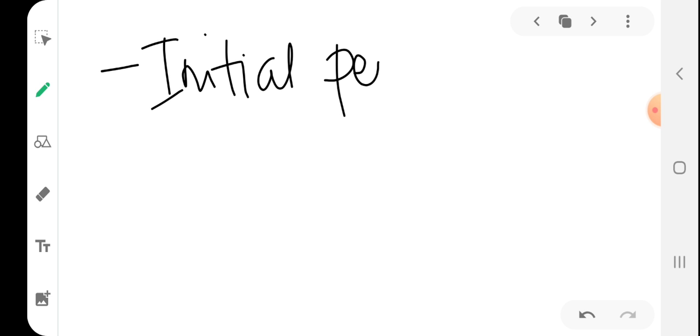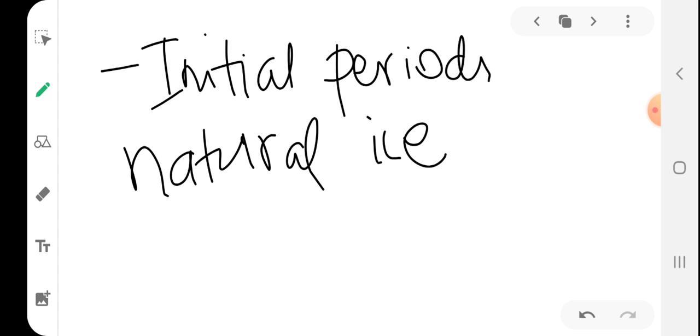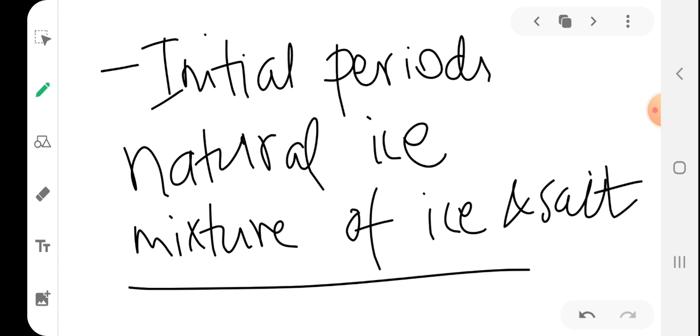So students, in the initial periods of refrigeration, our refrigerants were natural ice. I have already told you during the introductory part, natural ice and a mixture of ice and salt were the refrigerants used in the initial periods of refrigerating systems, where cooling was required.